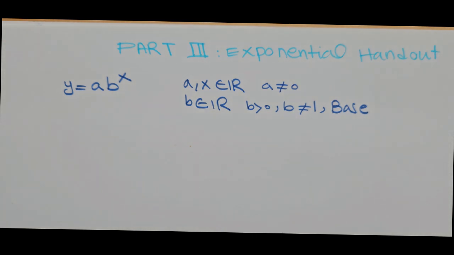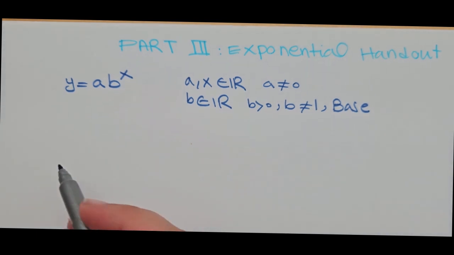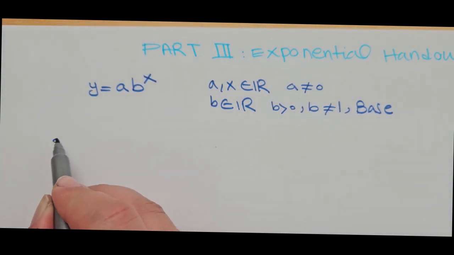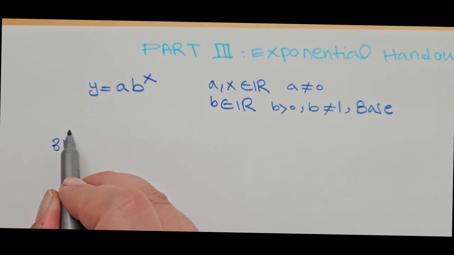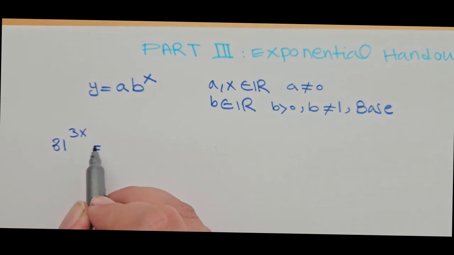Now, in the previous video, we talked about how to change from one base to another, converting the base, but I will just go over a couple more examples. So let's say I have 81 to the power 3x, okay.